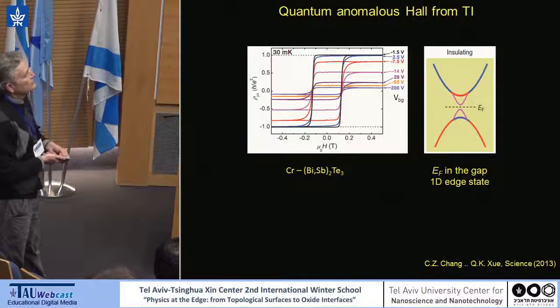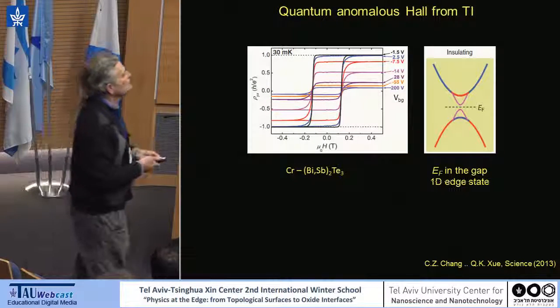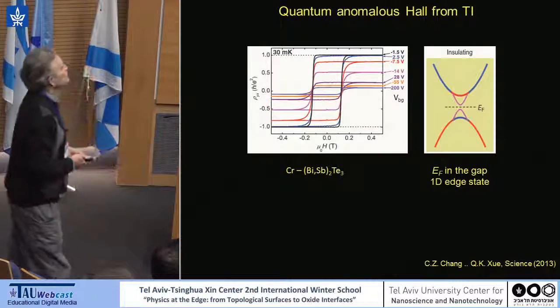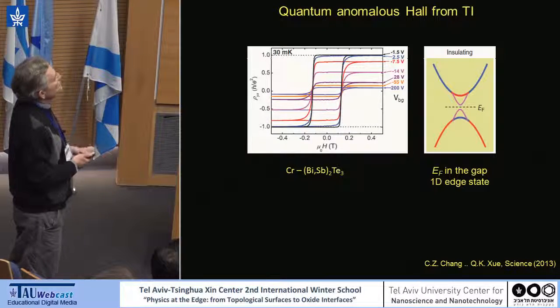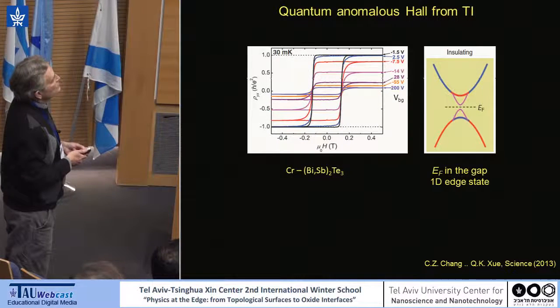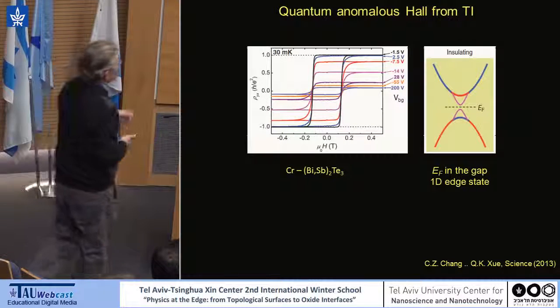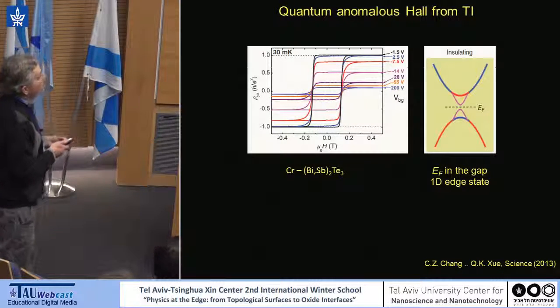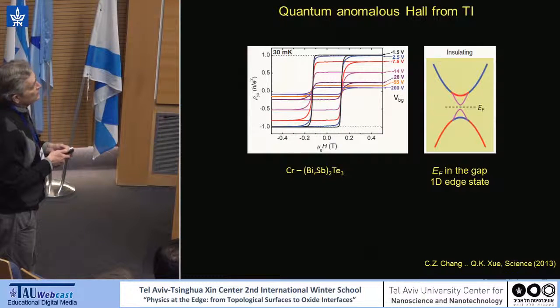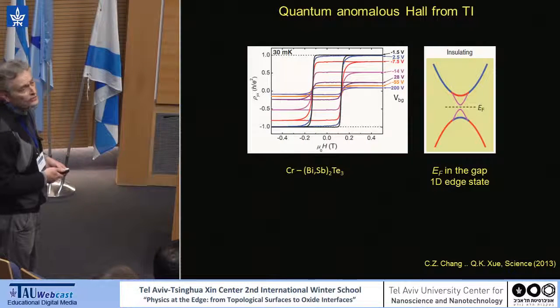And indeed, very recently, as we have heard from Professor Q, it was achieved. And this is their data in chromium doped bismuth antimony telluride thin films. So what you see here is the rho xy as a function of magnetic field for different values of the back gate, namely for different positions of the Fermi energy.